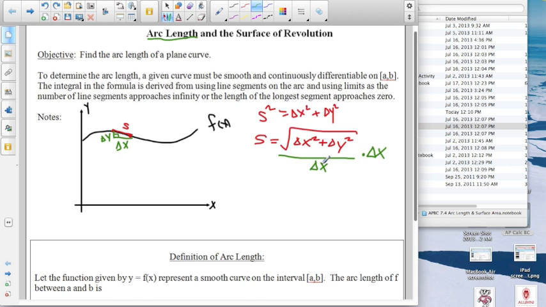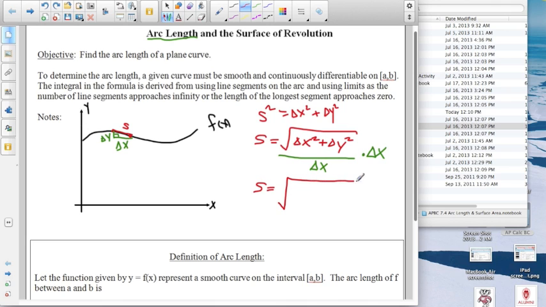If I'm dividing and multiplying by that same value, I'm really only multiplying by 1, and I'm not changing the expression. Now I'm going to take this delta x and move it inside the radical. So if it's a delta x outside, then inside the radical it's going to be a delta x squared.